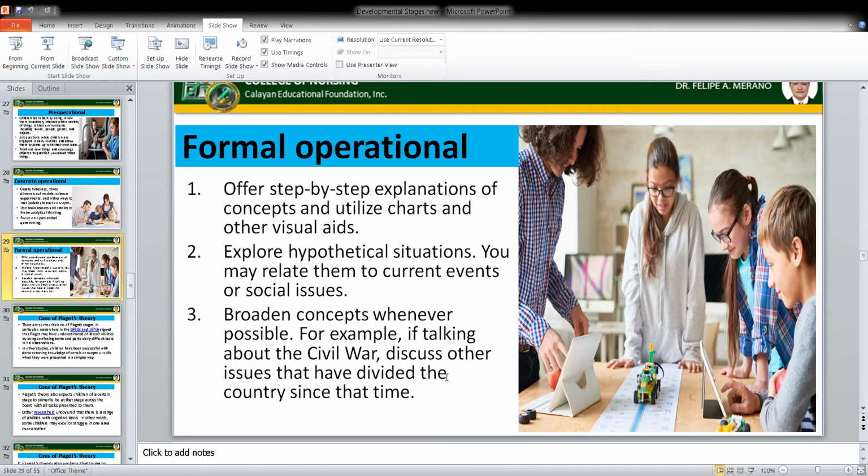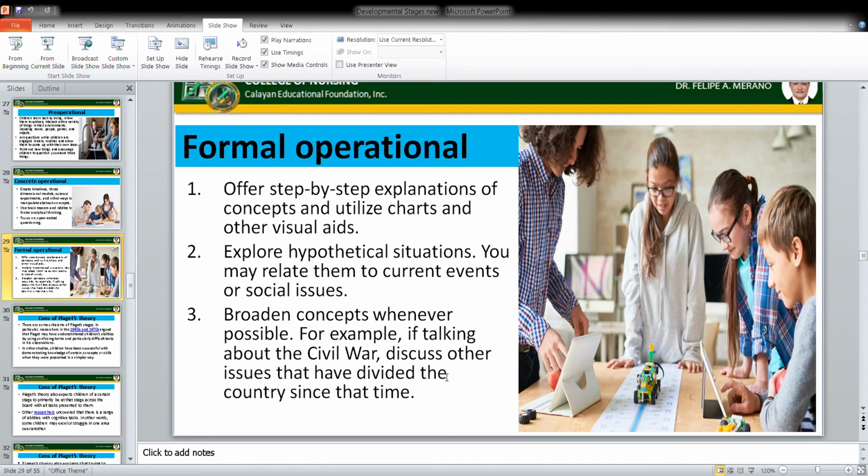Okay, we have checklists so that you could follow. We have charts, we have PowerPoint, we have videos or visual aids to present to you so that you will utilize your formal operational thinking and development.